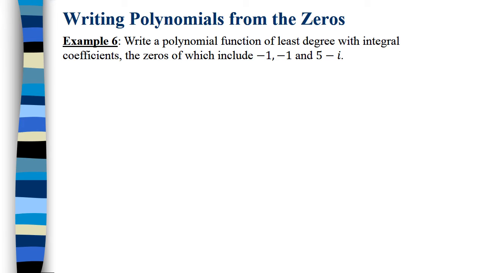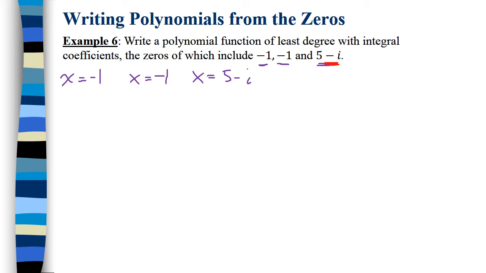Okay, what if the root is not real? Well, we are going to do exactly what we did before. So in this case, if we have x equals negative 1, x equals negative 1, and x equals 5 minus i.